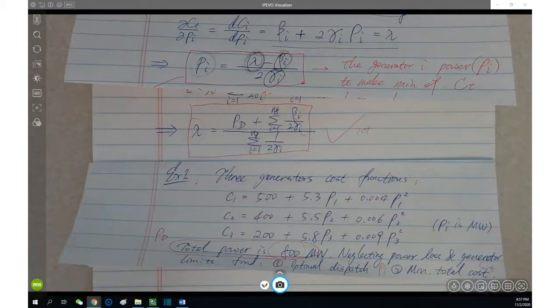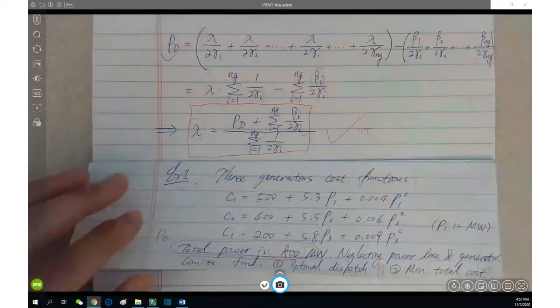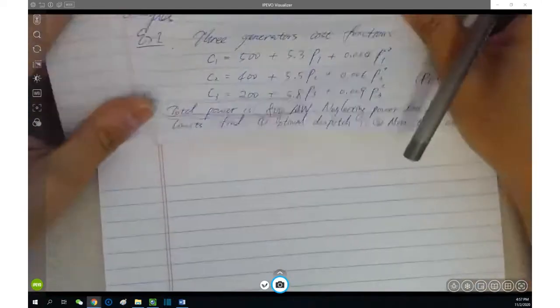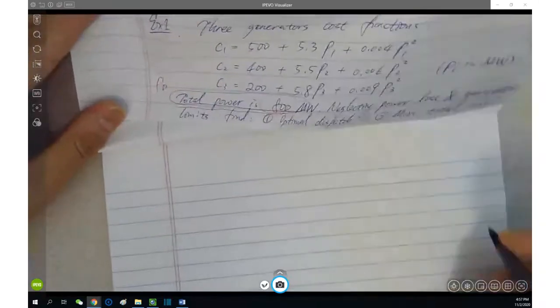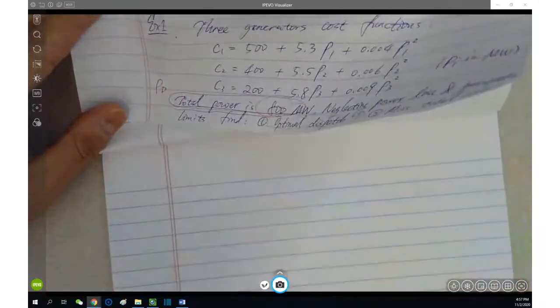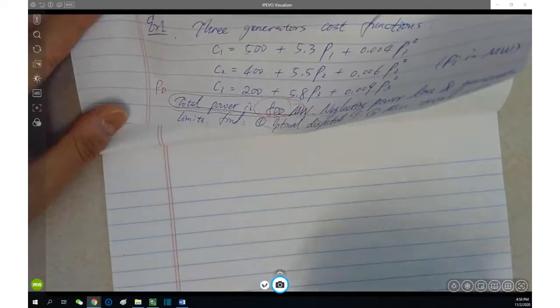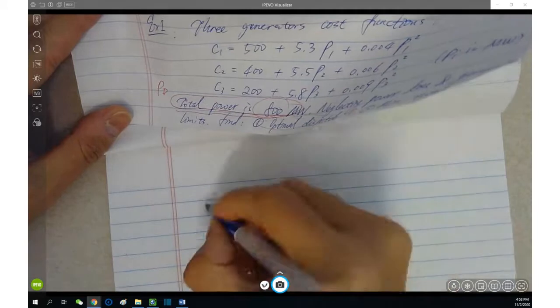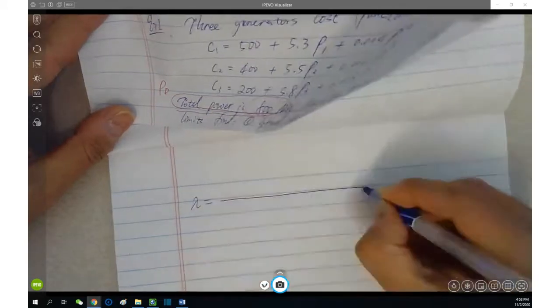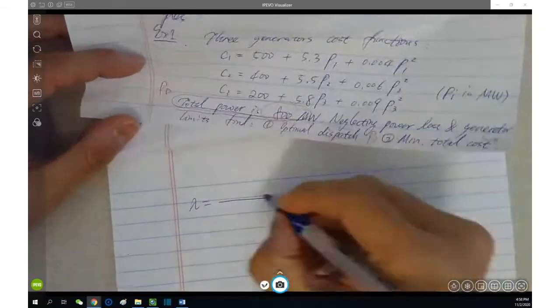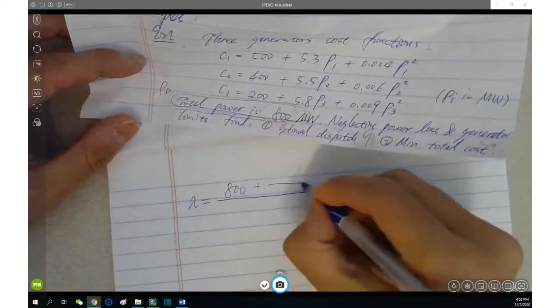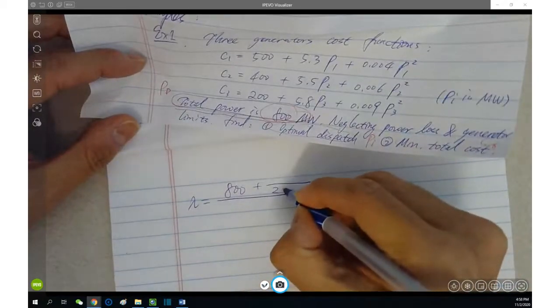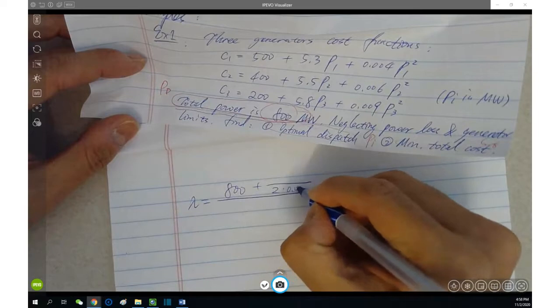Okay, let's do this problem together then. So this is the problem, and like I said, first we want to find the lambda value. Lambda value in details is following the formula. So PD 800 plus 2 times 0.004.